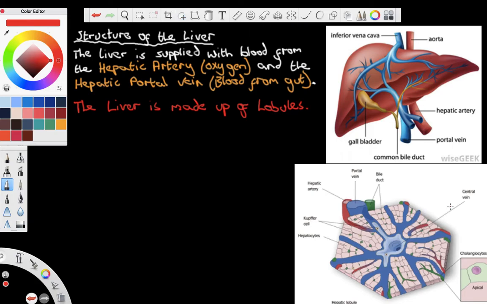Now, lobules contain lots of cells. So, lobules contain various cells. The first one that we're going to talk about are these hepatocytes here.